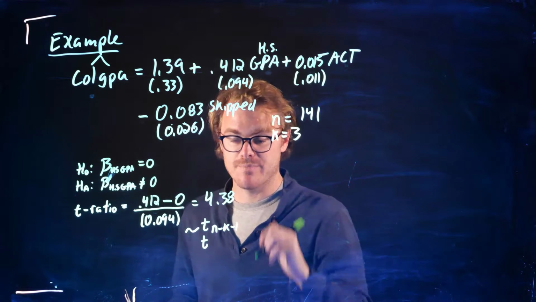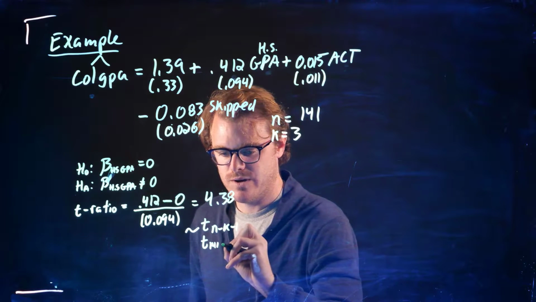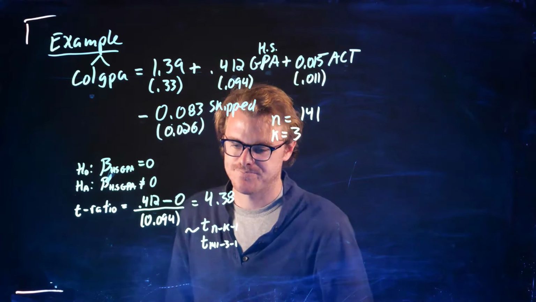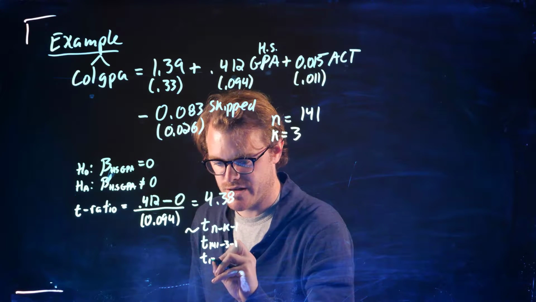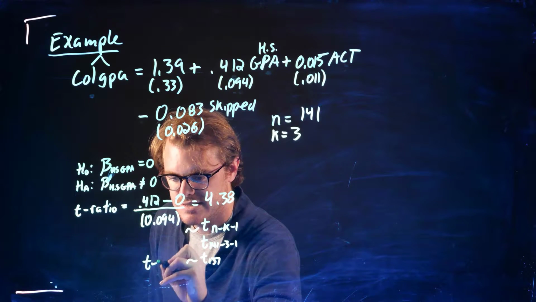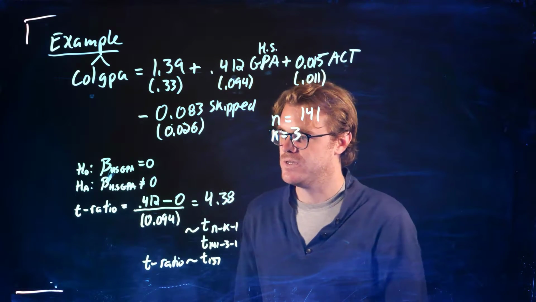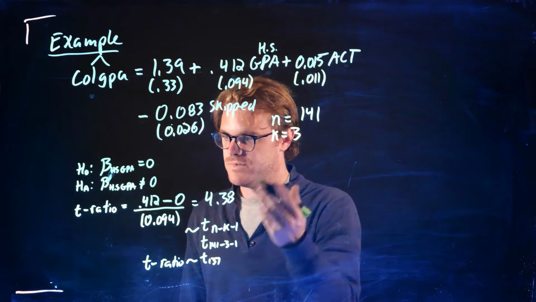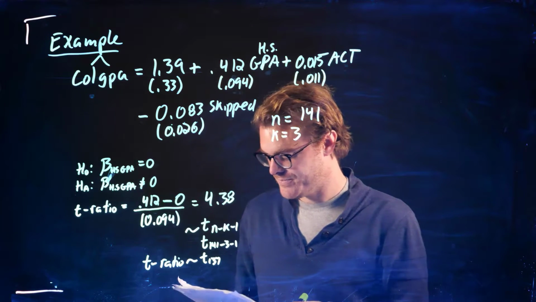So if we wanted to look up the critical values for this distribution, 141 minus 3 minus 1, it's the t distribution with 137 degrees of freedom. That's how this t ratio is distributed. So we specify if we're testing at 1, 5, or 10%.